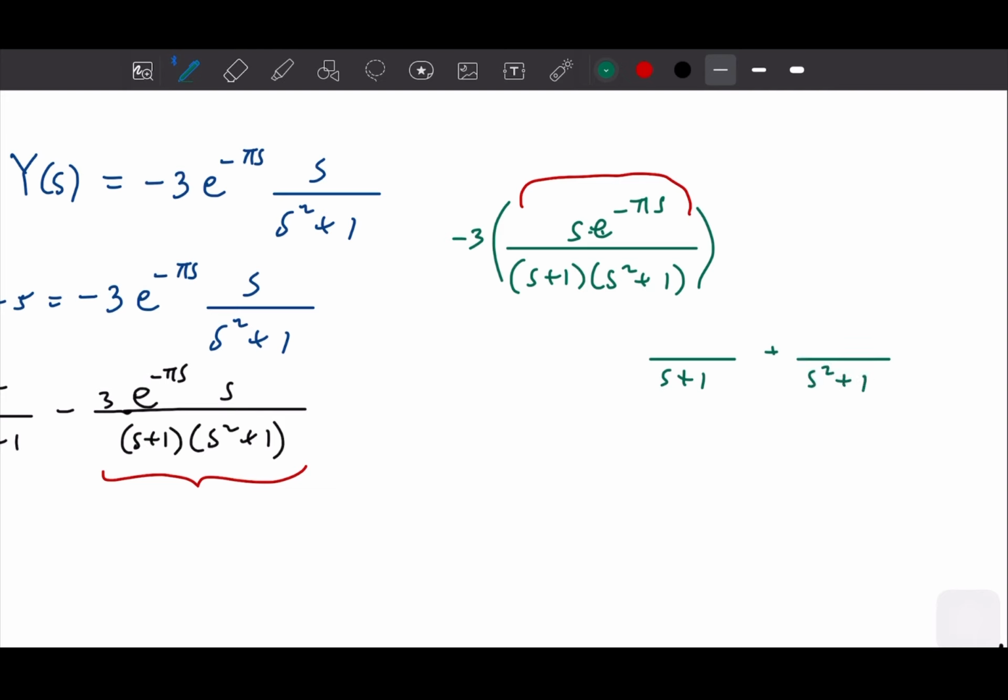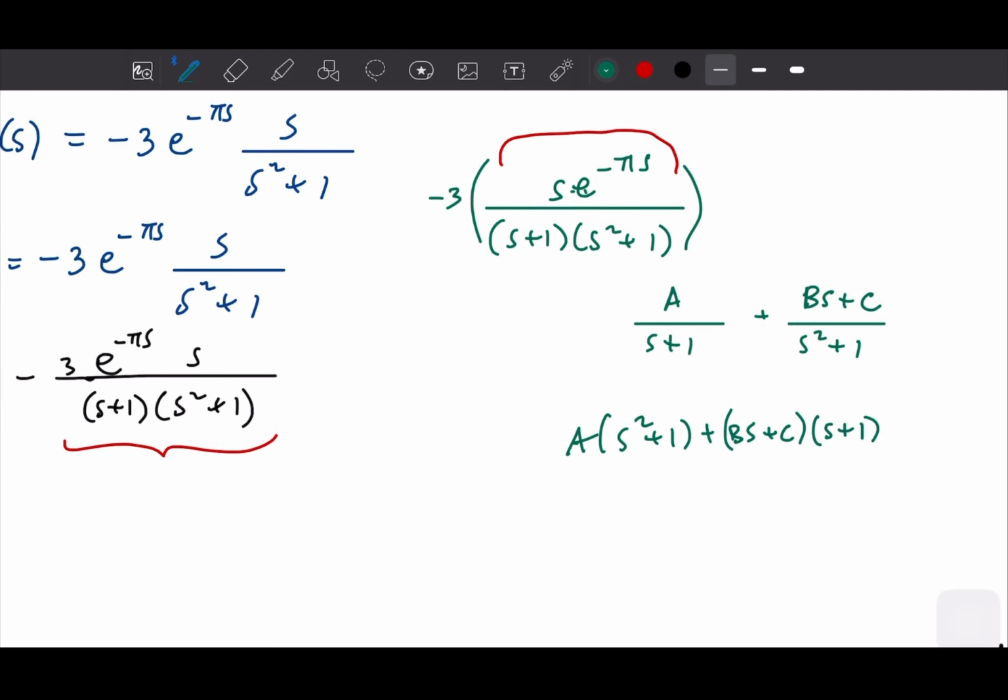This is irreducible, so we have A and then Bs plus C. This is A plus Bs plus C, and then multiply with s plus 1. And this is supposed to be s e to the negative pi s. I think we could take that out to keep it simple.